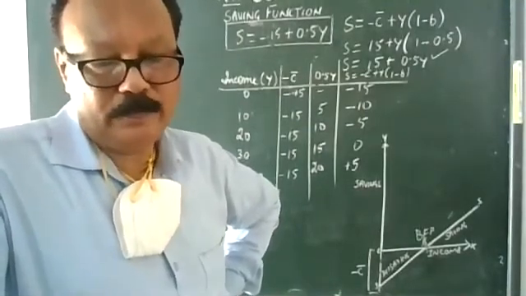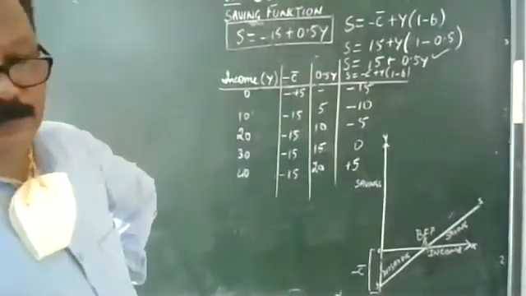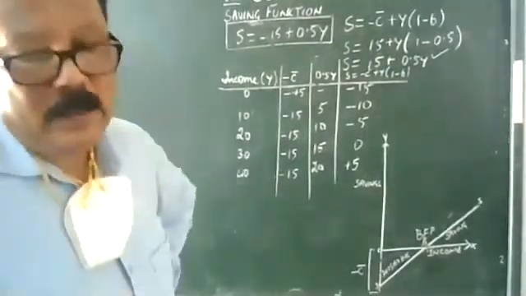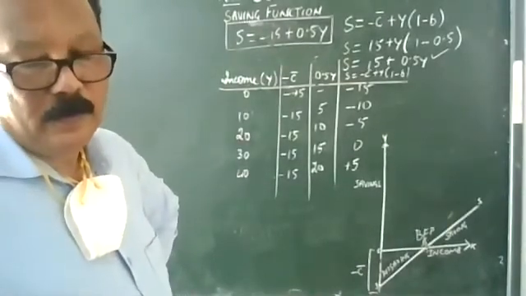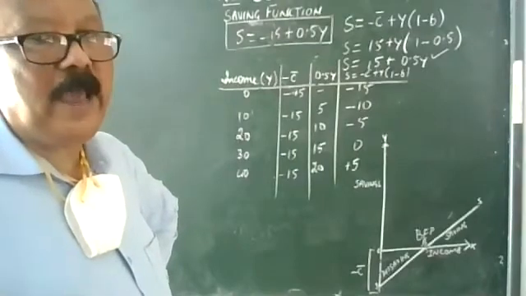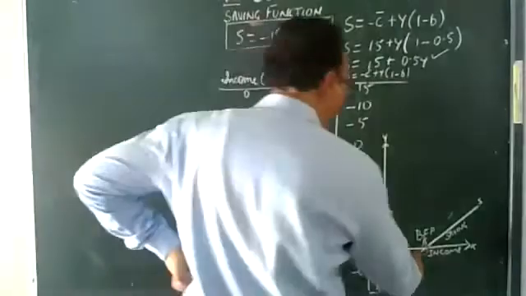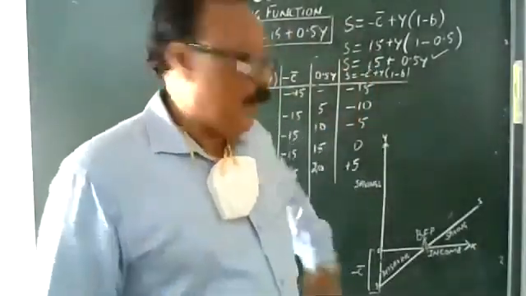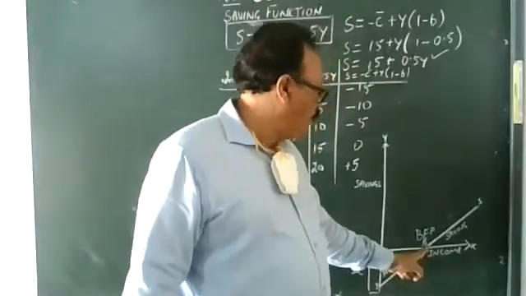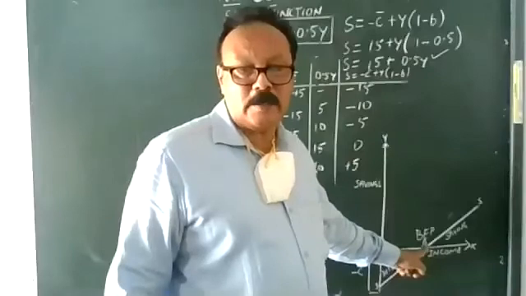Third point. The point where the saving curve cuts the x-axis at point B is known as break-even point.